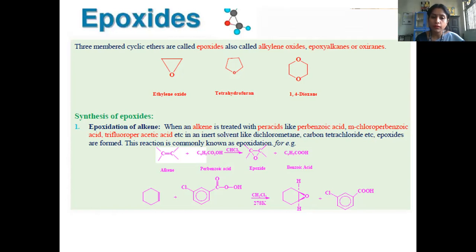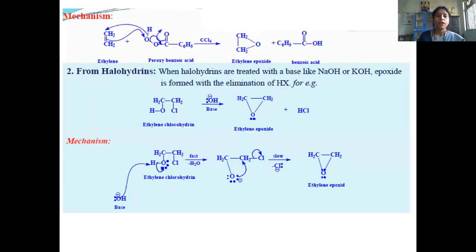And there is another solvent like dichloromethane or CCl4, etc. Then one of the extra oxygen atoms of the 3 oxygens attaches to the double bond and it forms the epoxide. And the byproduct is a carboxylic acid. Now we see the mechanism also, it is given over here. It is very simple, you can just go through it.